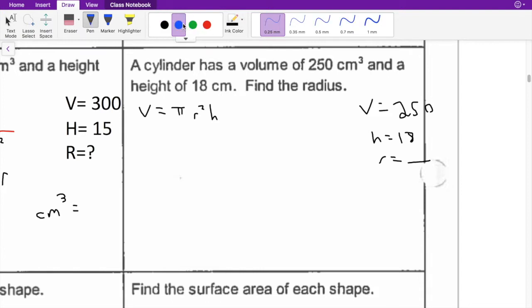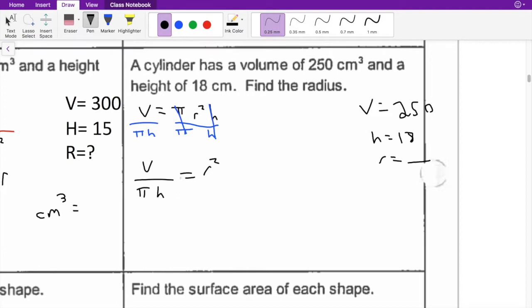So let's isolate r. So right now I have pi times r squared times h. These are multiplications, so to get rid of them, we need to do the opposite, which is divide. And what we do to one side, we do to the other side. Cancel out, cancel out. So now we have v over pi h equals r squared.